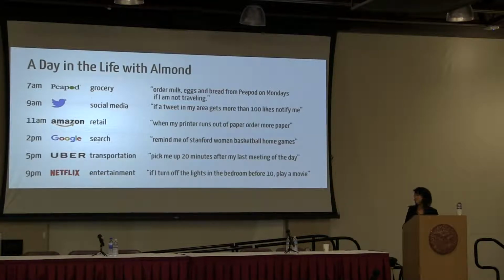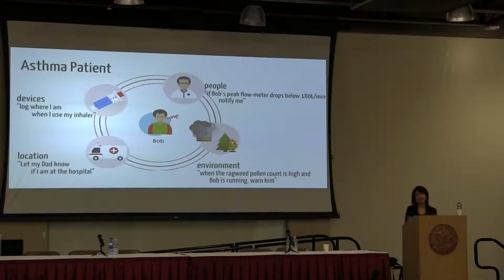Let's take, for example, a person who, say, has asthma. It's a chronic disease, and he needs to manage it. And now with all the IoT and information about the environment and so forth, I could potentially manage diseases like asthma very well with the help of technology.